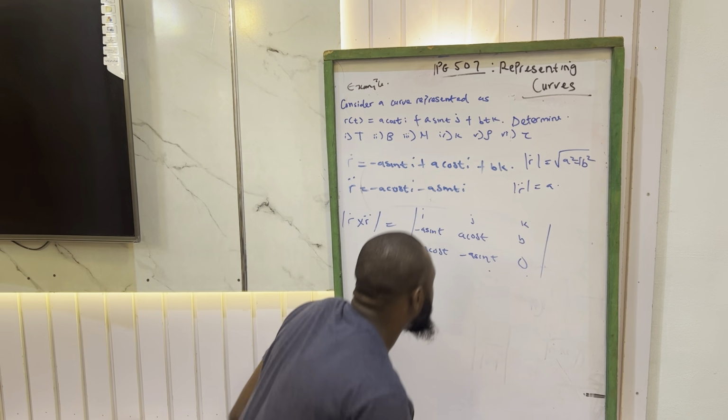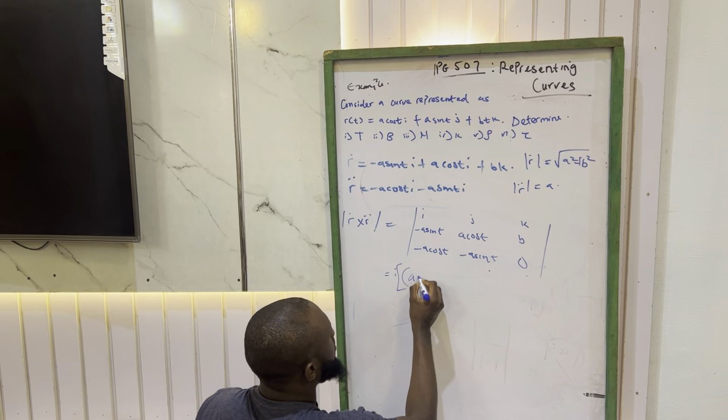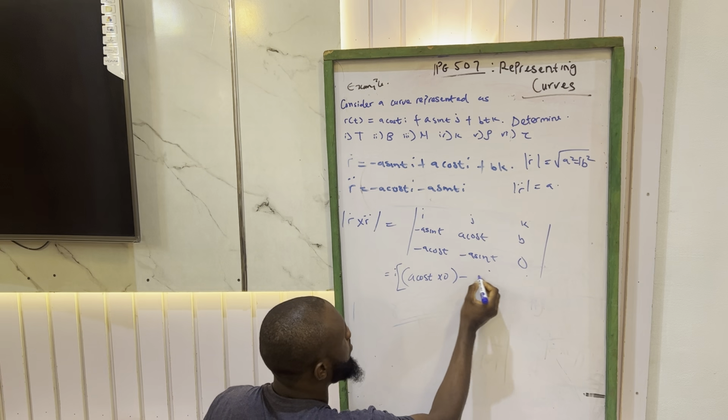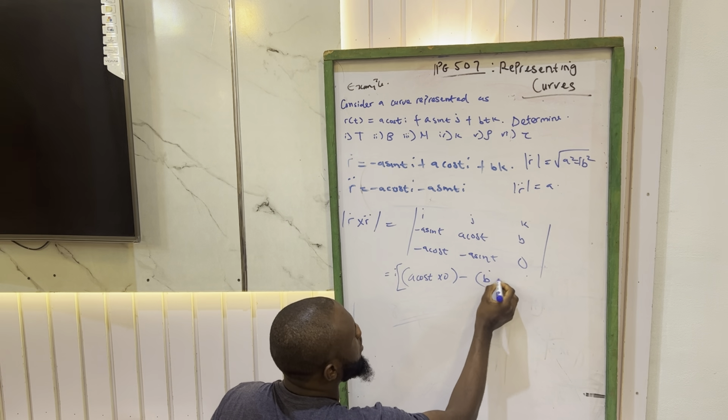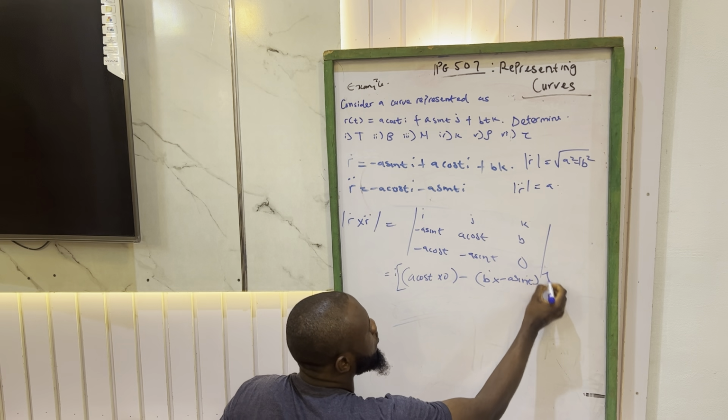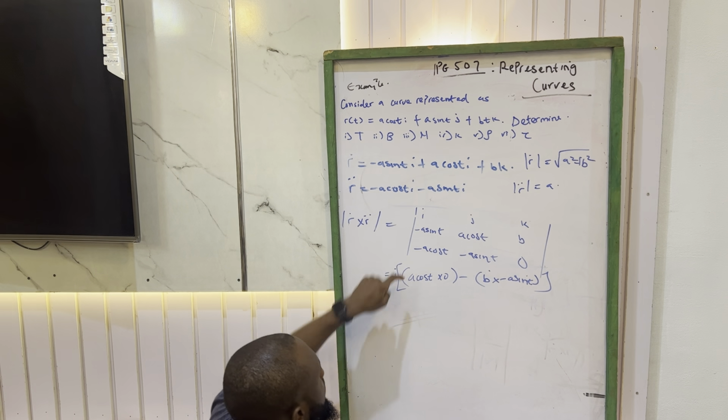That's a cos t times 0 minus b times minus a sin t. So that's for i. That's it.